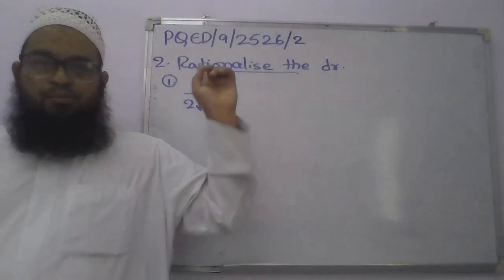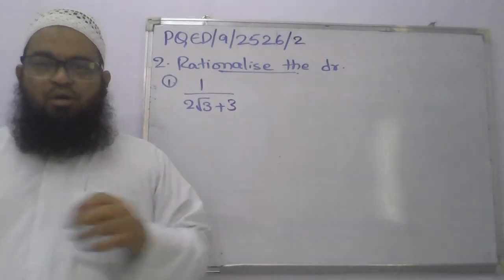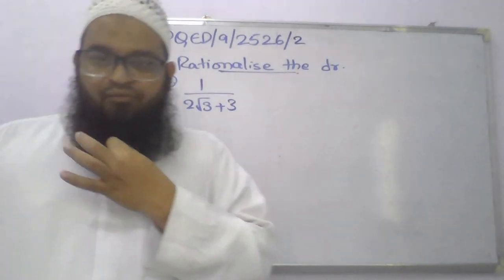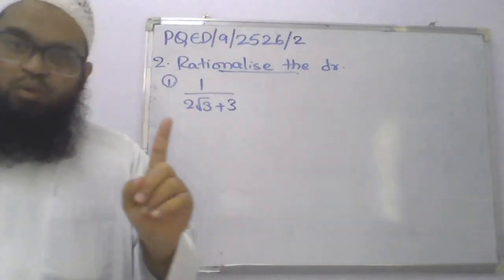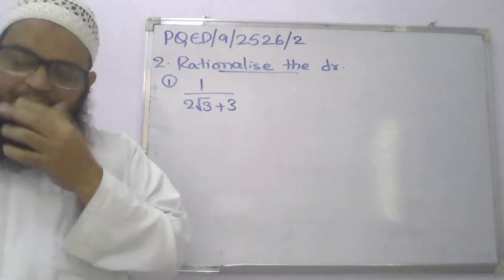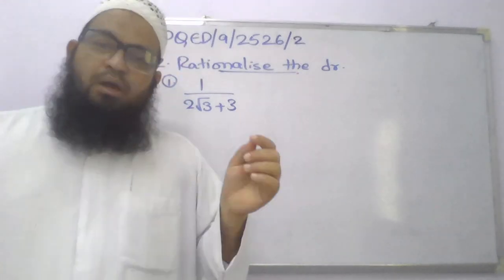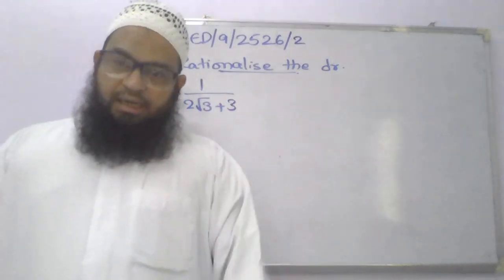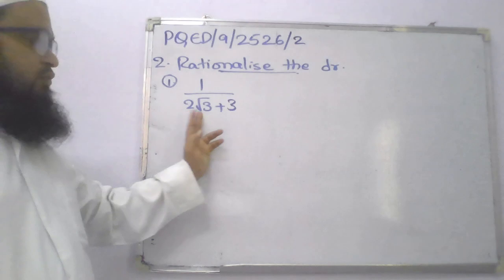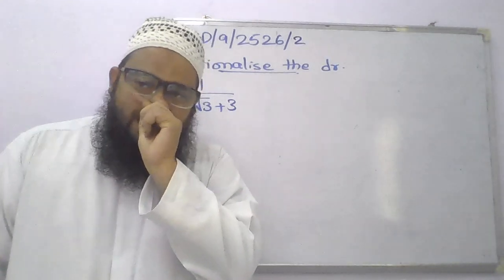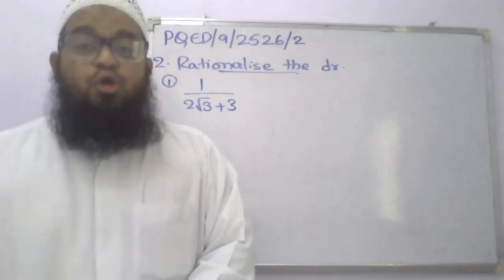So now the second problem is rationalize the denominator. When we rationalize the denominator, if you have one term, then multiply numerator and denominator with the same irrational number. But if you have two terms, then you have to multiply the numerator and the denominator with its conjugate.